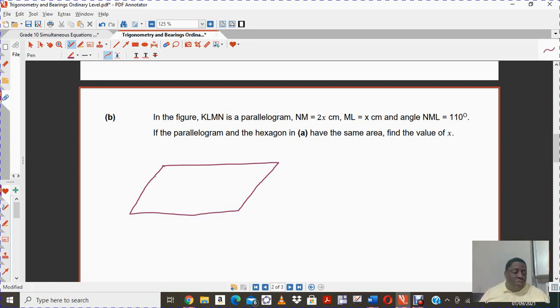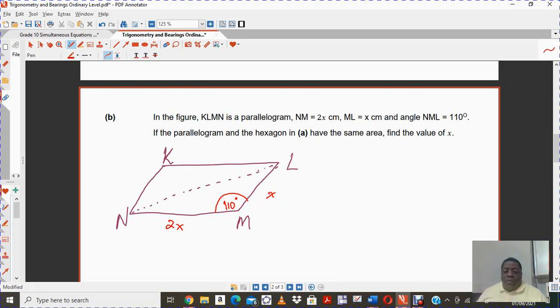Perhaps this is our N, this is M, and that's L, obviously that's K. And we have a diagonal there. We also know that this angle here is 110 degrees. We know that this distance is 2x, and this distance is x.